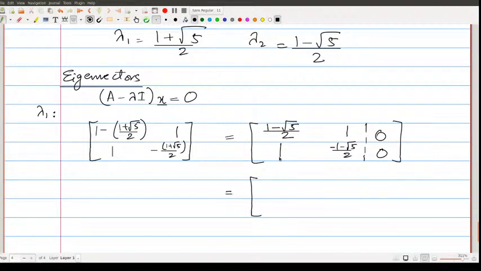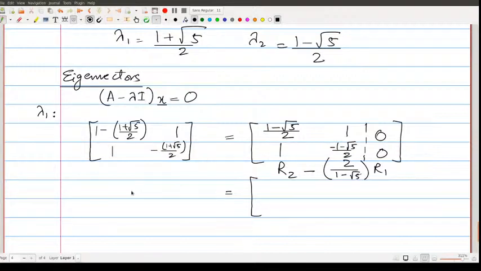Let's say R2 minus, what's this factor going to be? We can make it 2 over (1 minus square root 5) times R1.